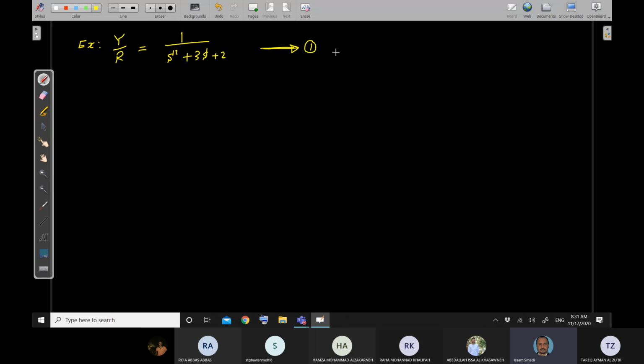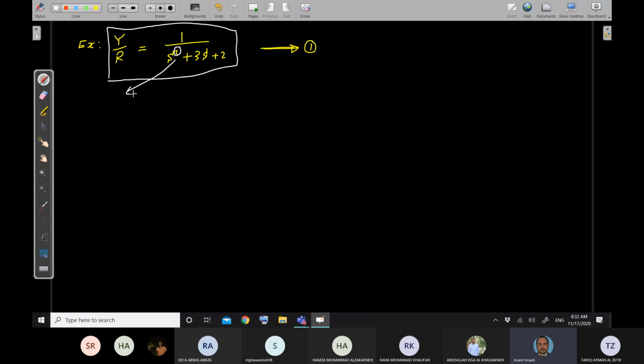So for the first one, who can decide the order of the system? For this transfer function, the order of the system is simply the highest power of s.